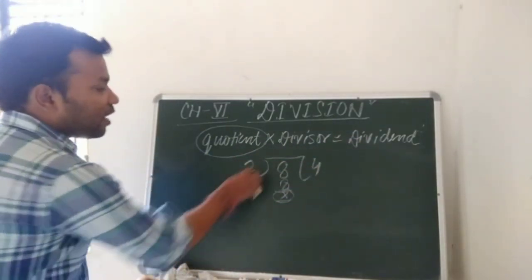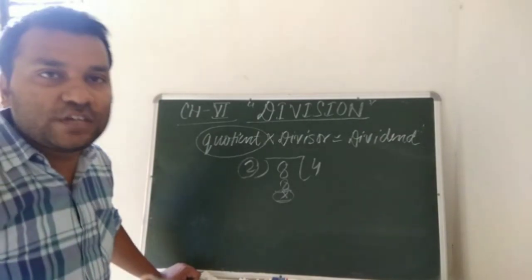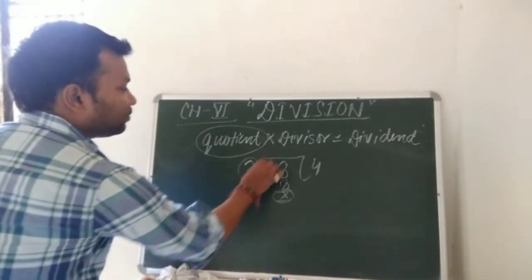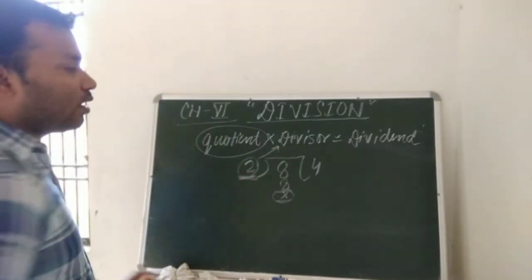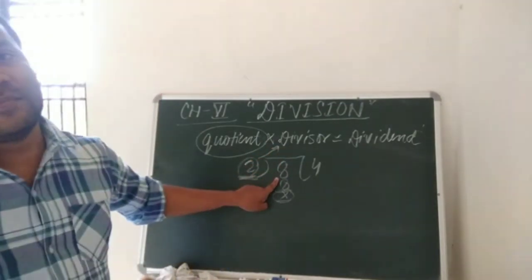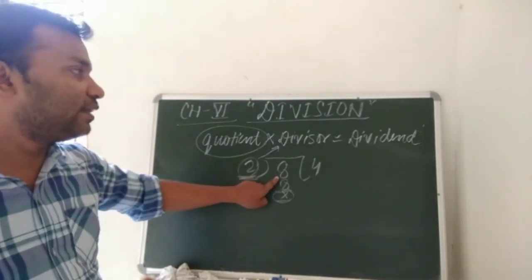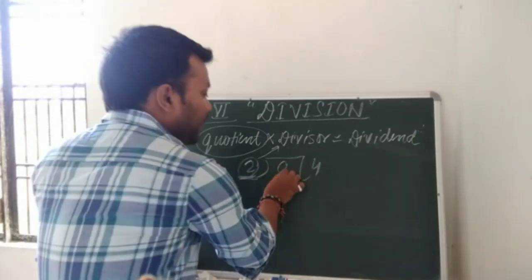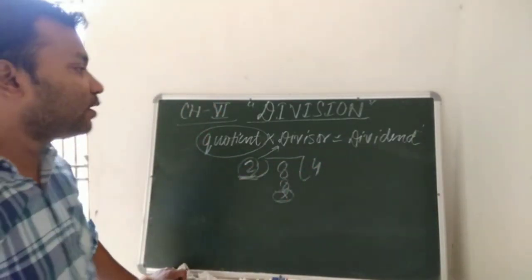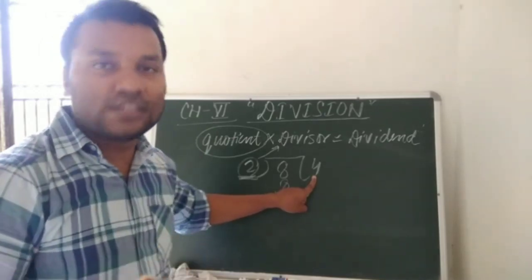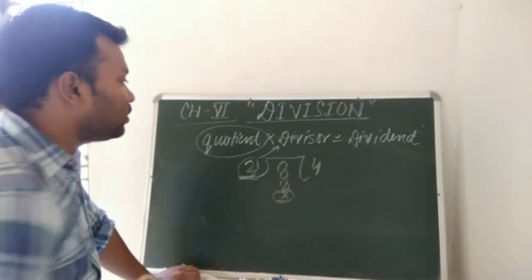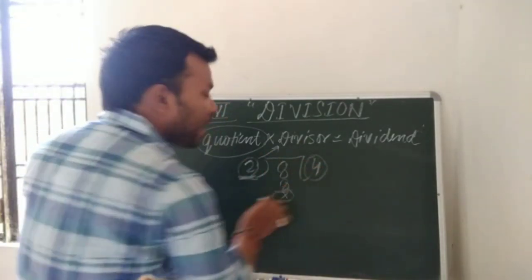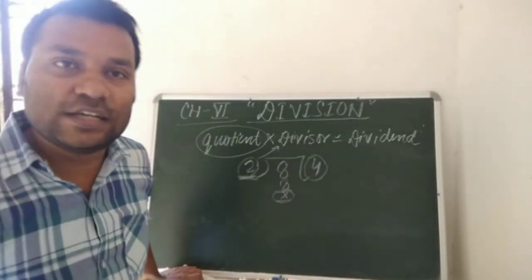The number by which we are dividing, that is 2, is known as the divisor. The number which we are dividing, that is 8, is called our dividend. And the result we get is called our quotient. To find this quotient is actually our object of division.